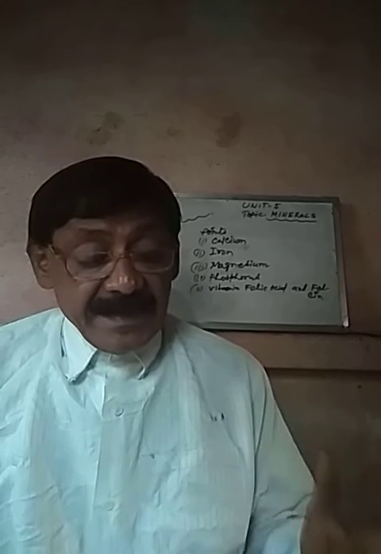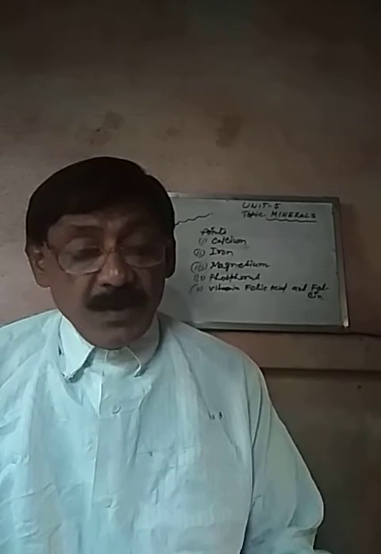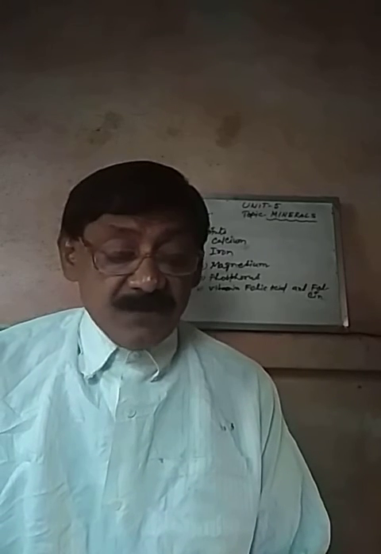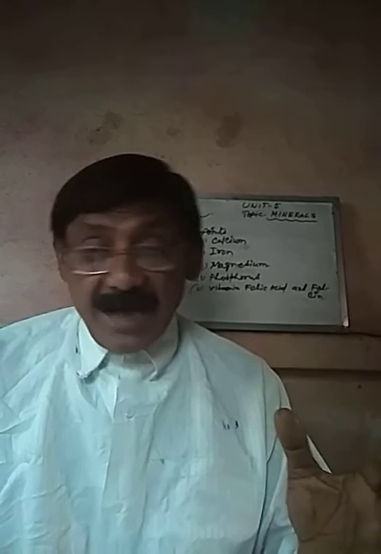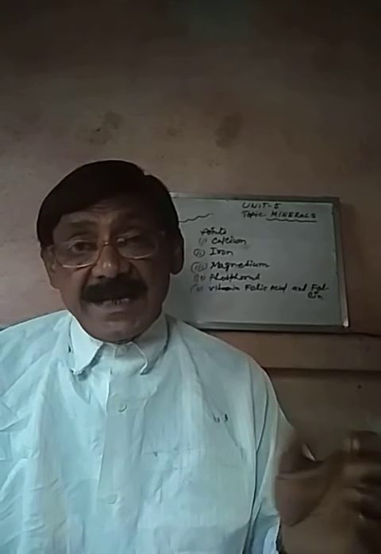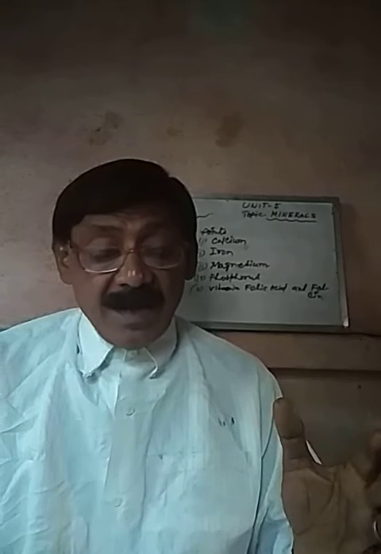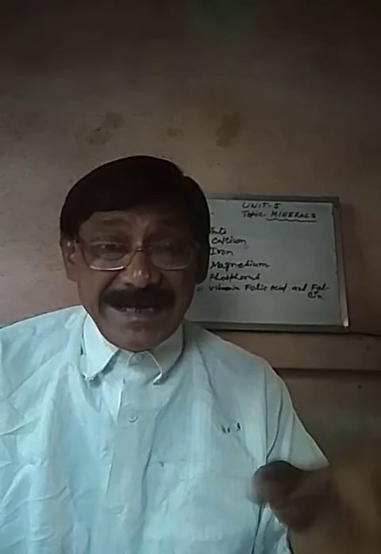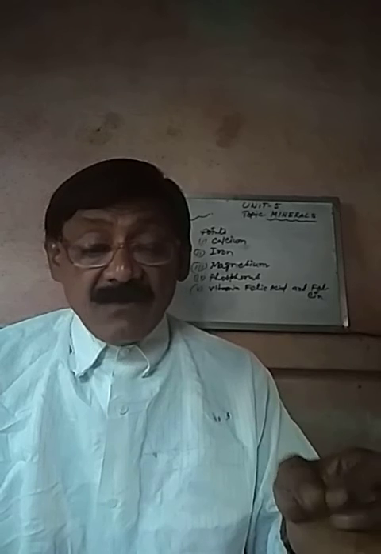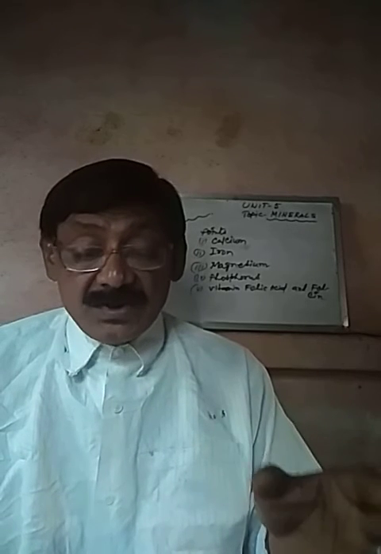And next one, vitamin folic acid and folacin. Folate helps the body make red blood cells. It is also needed to make DNA. Now, what are the food sources?